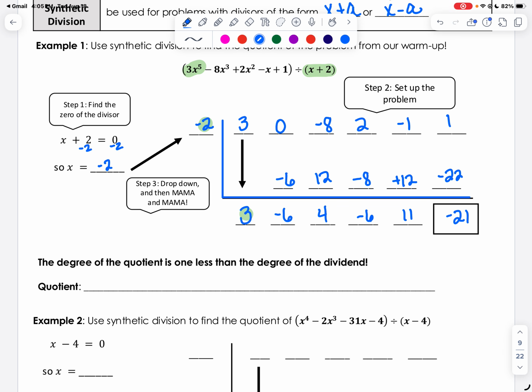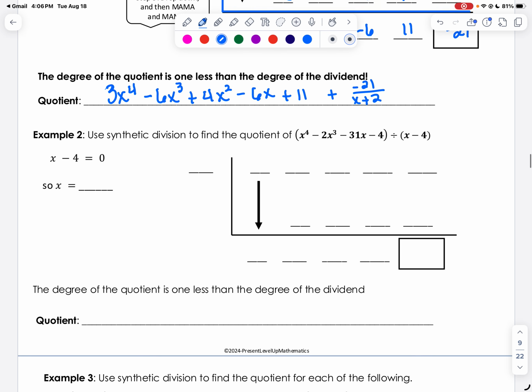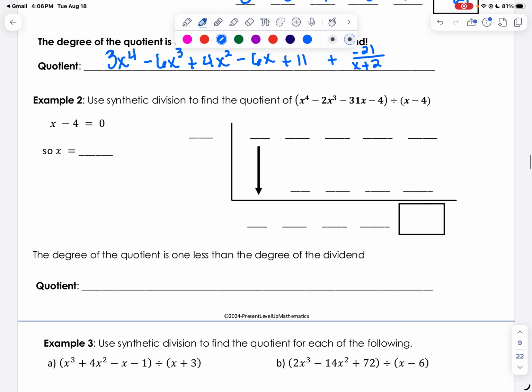So this will be 3x to the 4 power minus 6x to the 3 power, then 4x squared minus 6x plus 11, and then write your remainder, negative 21 over the x plus 2. So there's your quotient.